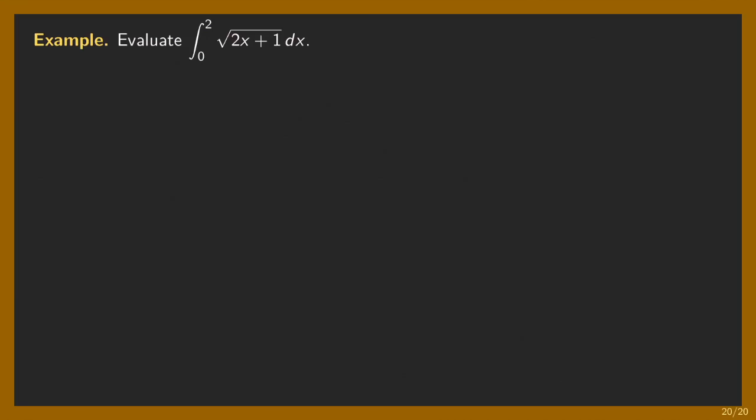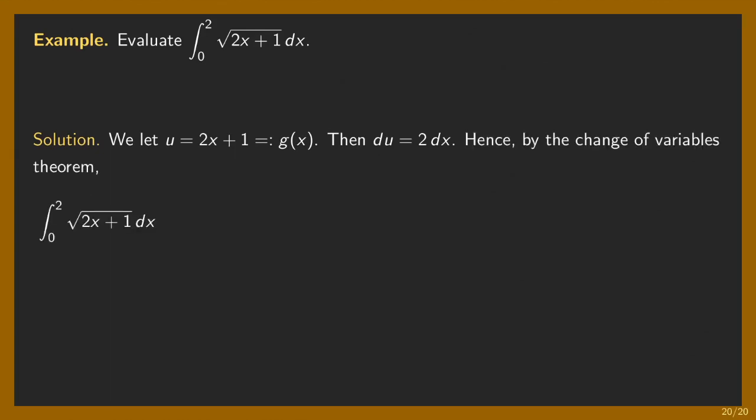Ina-apply ito sa mga functions like this, no? Paano nyo ginagawa ito? We normally let u be 2x plus 1, siya yung g of x. Okay? Tapos, kunin mo yung du, magiging 2dx. Para magkaroon ng 2dx yun, dadayain natin by putting a 1/2 outside.